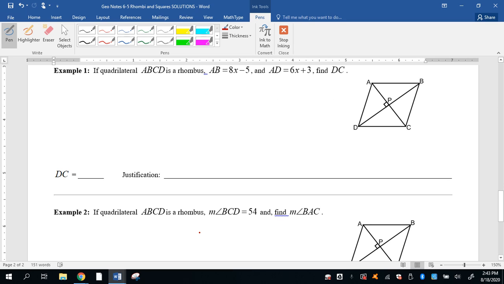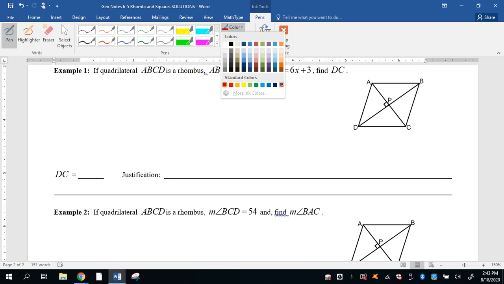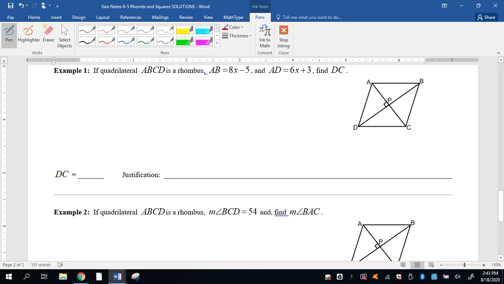So example 1, this is a rhombus. So it has all of the properties of a parallelogram and the 3 additional properties of a rhombus. They tell us about AB and AD. Well, we know since this is a rhombus, all 4 sides are congruent. So justification, in a rhombus, all 4 sides are congruent.